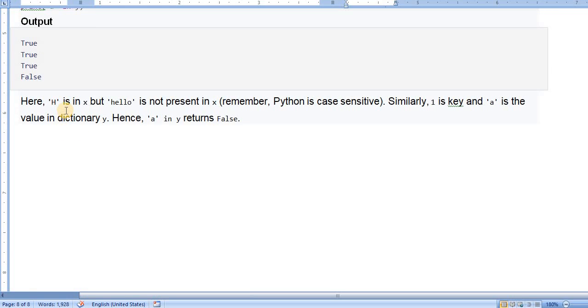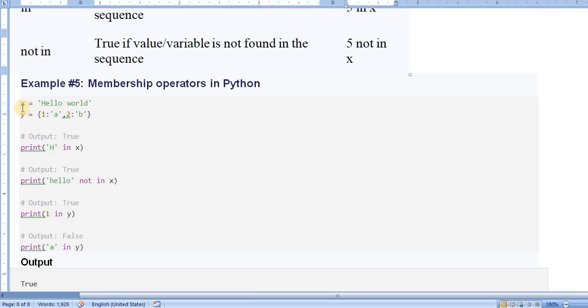Here, look at the example. X is hello world, and this is an example of a dictionary. We will learn this dictionary separately. H in X: because H exists in X, it returns true.